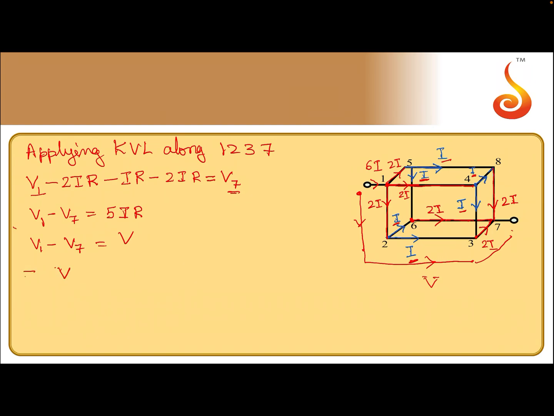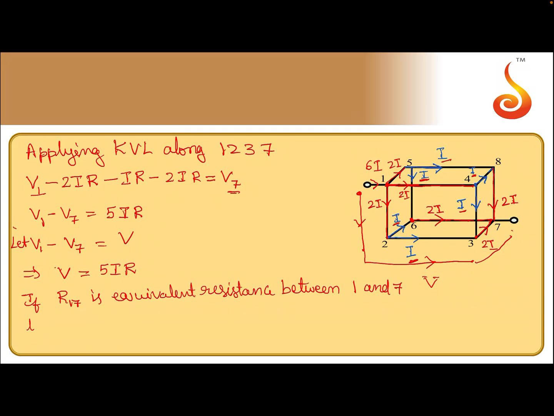Then we will get V is equal to 5I into R. Then if R17 is the equivalent resistance between 1 and 7, then V should be equal to, what is the current entering here?